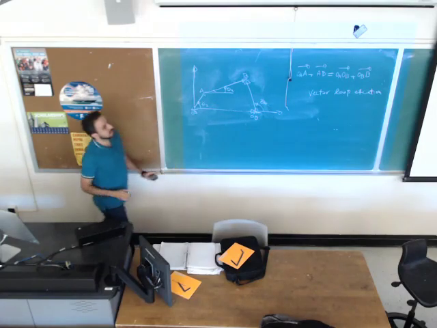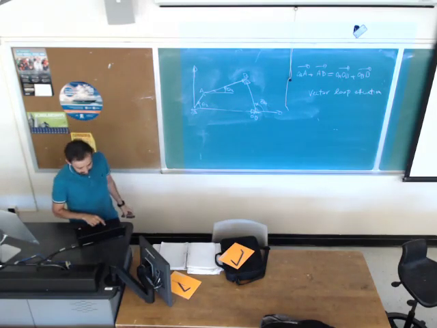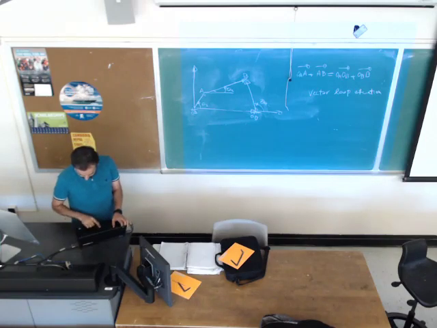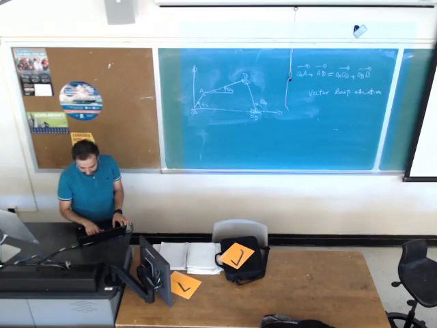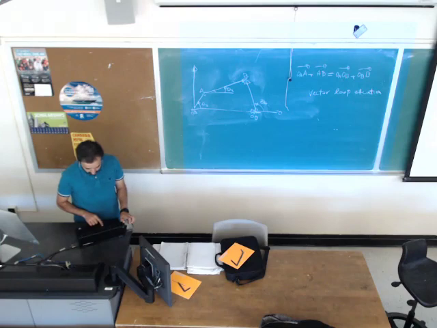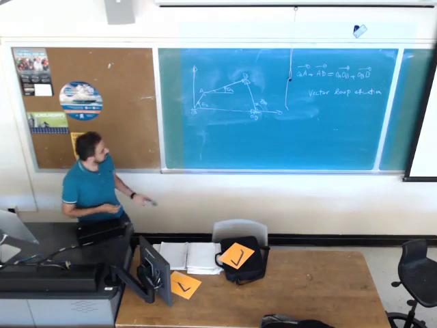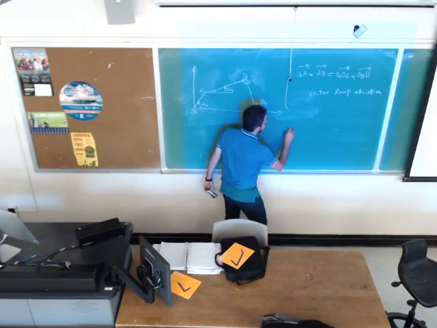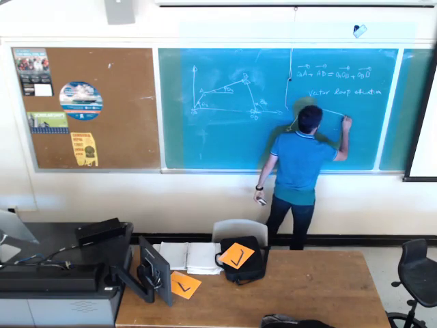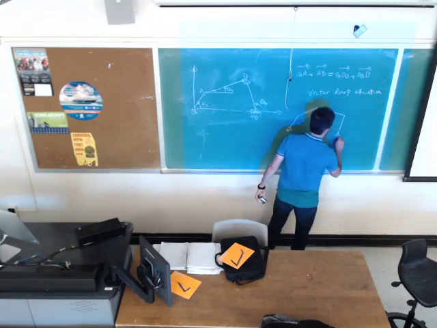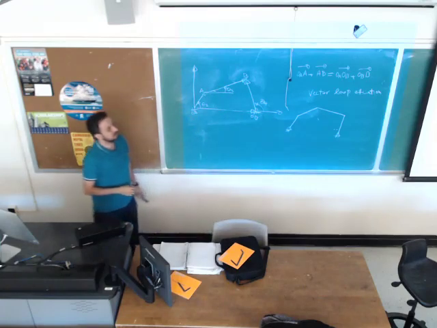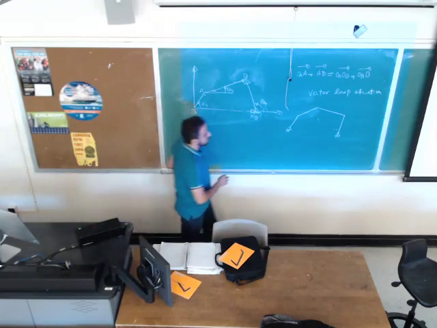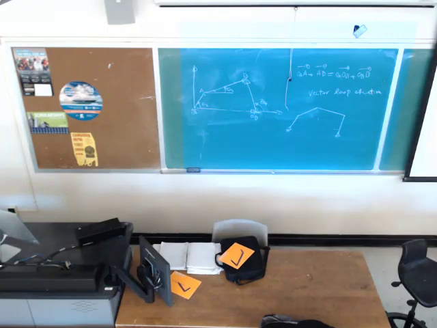Now for a 5-bar mechanism, for a mechanism like this, do the same things that I did for a 4-bar mechanism, and label the links and write the vector loop equation.